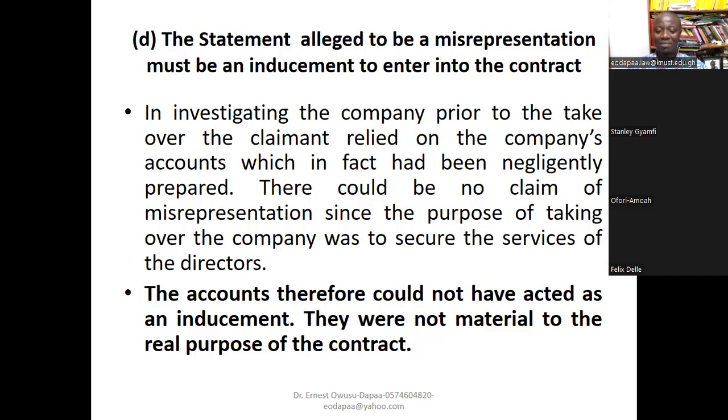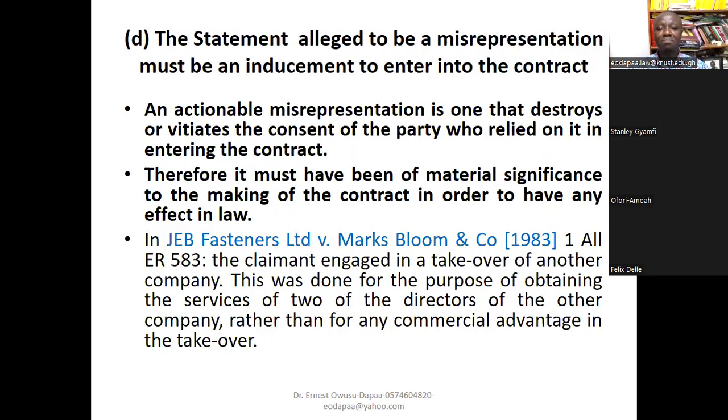So we are talking about the false statement producing a material impact or being important in your decision to enter into that contract. So here, you notice that the main thing which they were seeking to achieve was to get the services of some directors, not necessarily because they wanted to make more money.